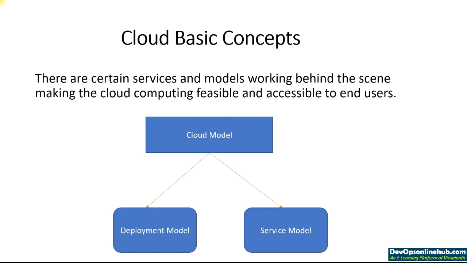Let us study a little bit about the cloud basic concepts. There are certain services and models working behind the scenes which make cloud computing feasible and accessible to end users. Broadly classified, the cloud model is divided into two different types: one is the deployment model and one is the service model.